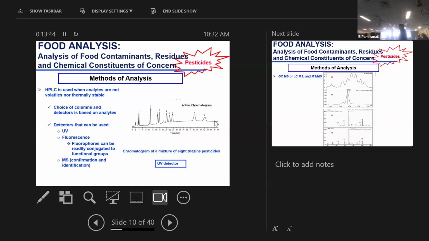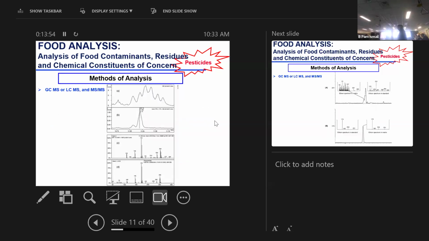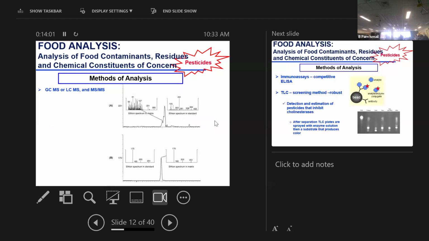There are different types of columns based on the pesticides used, and then different detectors, mostly with pesticides, a detector with the MS. The MS is used because it gives us a lot of identification power, but more so tandem MS. So not only one MS, but MS in tandem. Because look at that. Sometimes with one MS, you have really crowded spectra, and the pesticide confirmation molecule that you're looking for is 231.